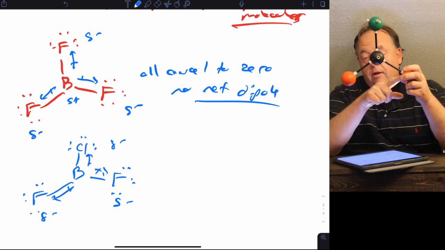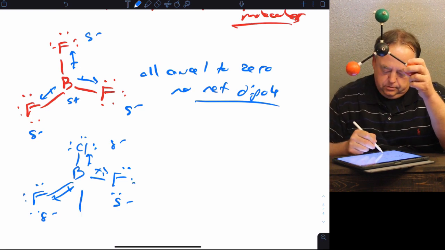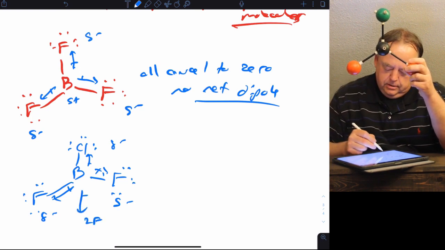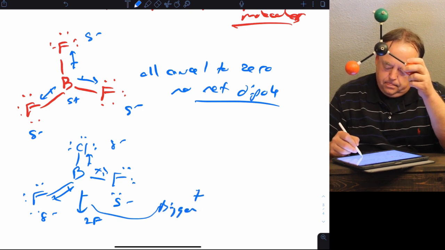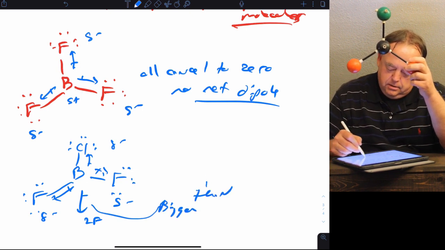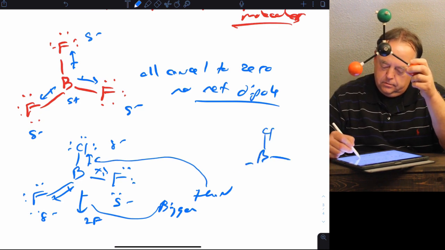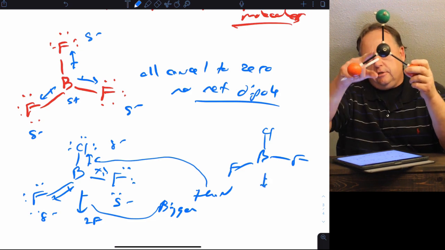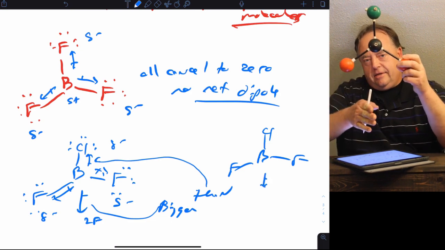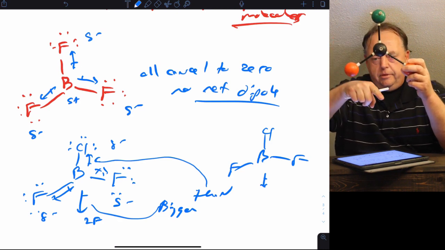But the fluorines are more electronegative than chlorine, so if you add the two fluorines together, this is bigger than this. Since these two forces pulling down are greater than this one force pulling up, the net dipole moment would be straight down.